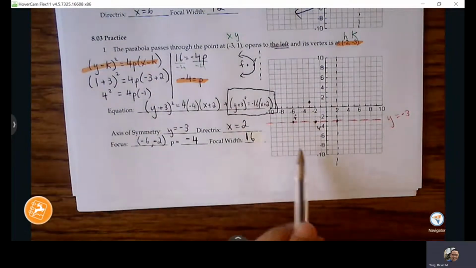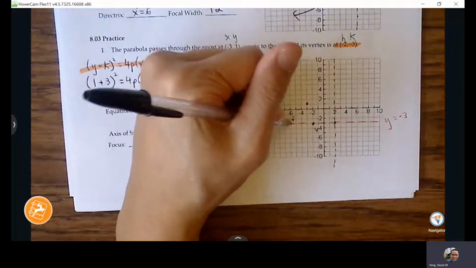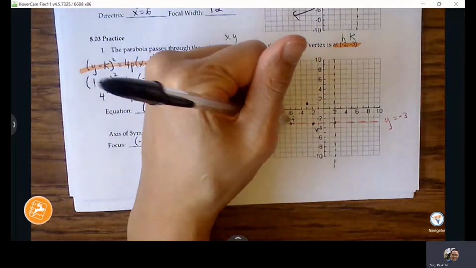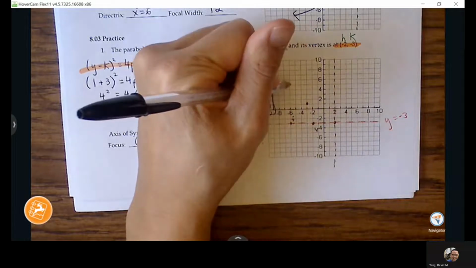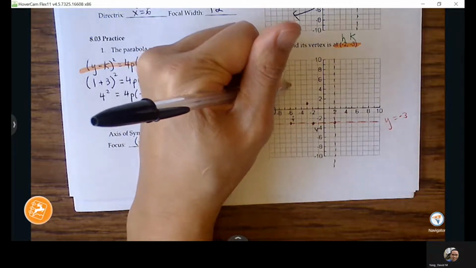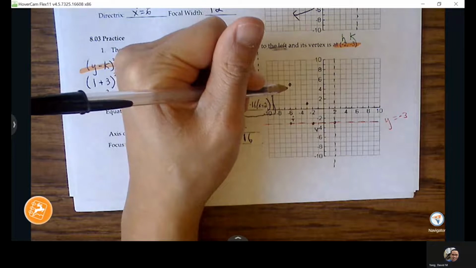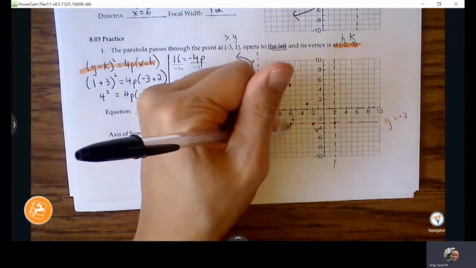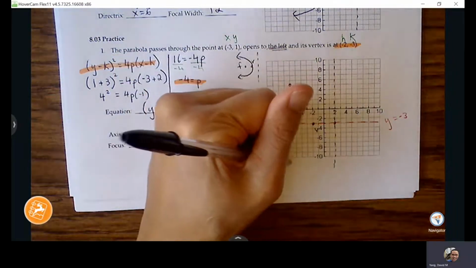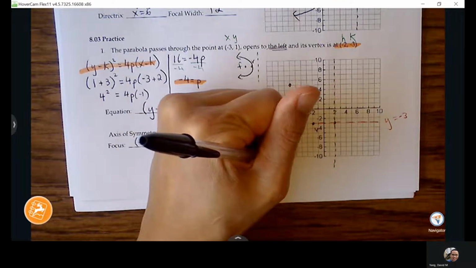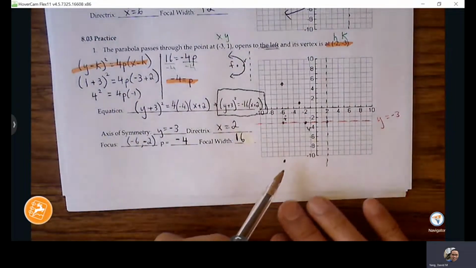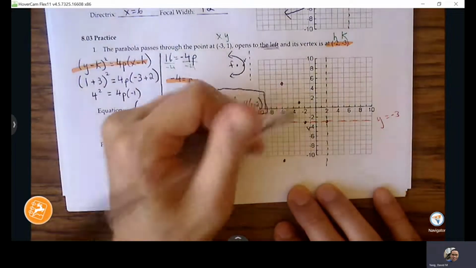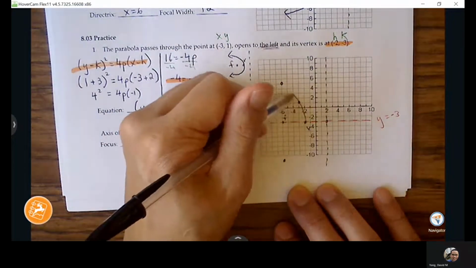Focal width is 16, so you can count from the focus up and down 8 units. Your bottom end of your focal width is going to be a little bit off the grid.